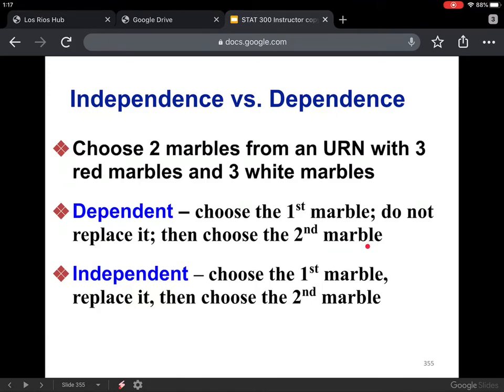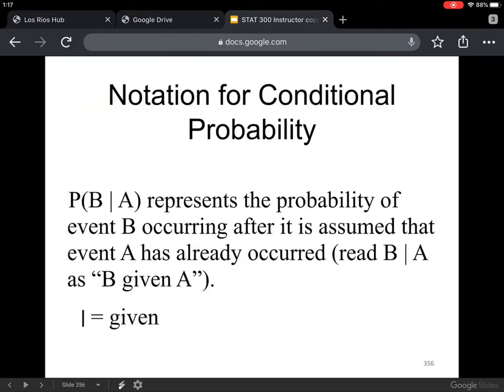If we remove 1 marble, then the total number of marbles in the urn has changed, and so the probability of the second marble being chosen will be different than if we had replaced it. And that's the independent case: choose the first marble, replace it, then choose the second marble, where the total number of marbles is the same in the first and second draws.